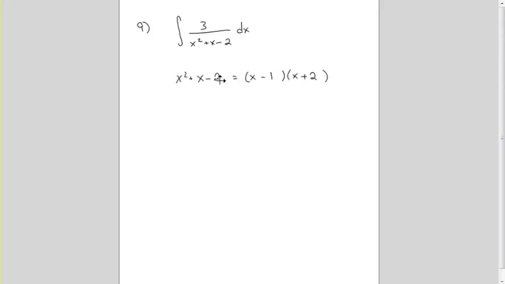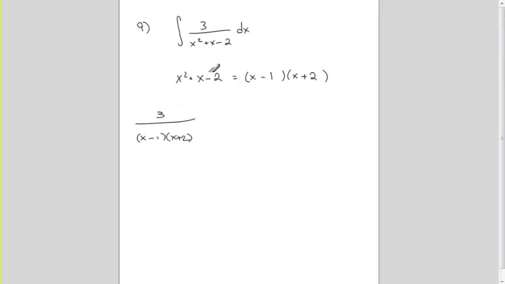So now what we're going to do is try to rewrite this as two fractions involving these factors. We start with the original equation, but we can go ahead and do the factored form.